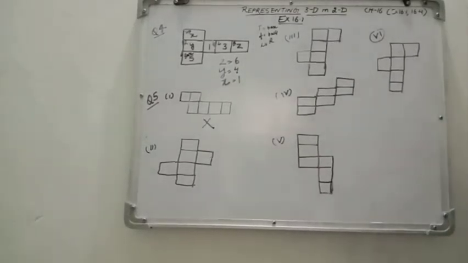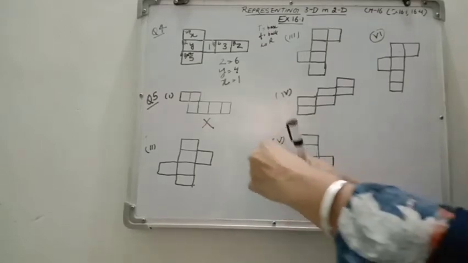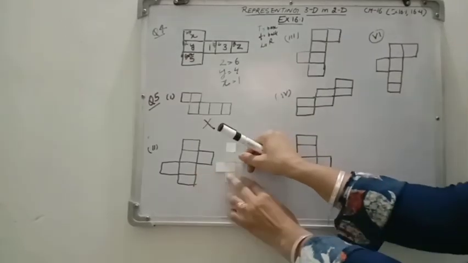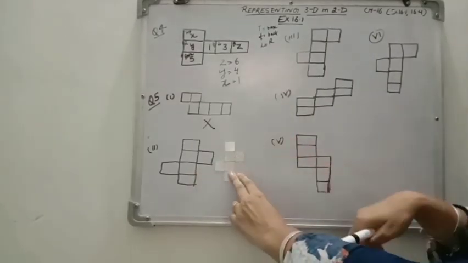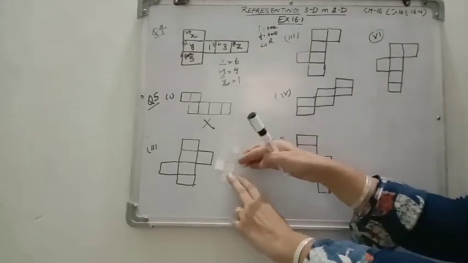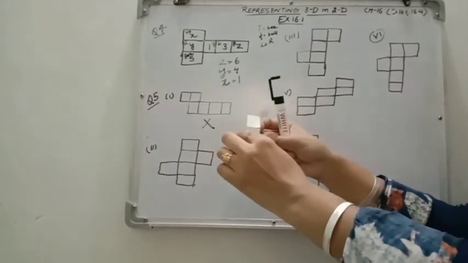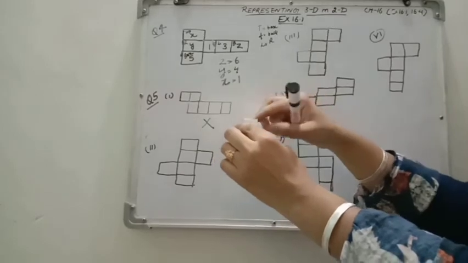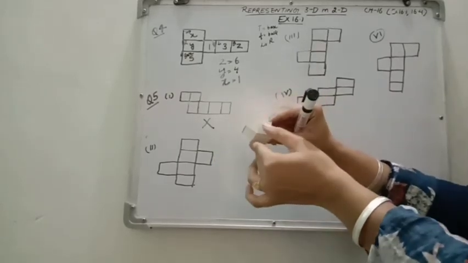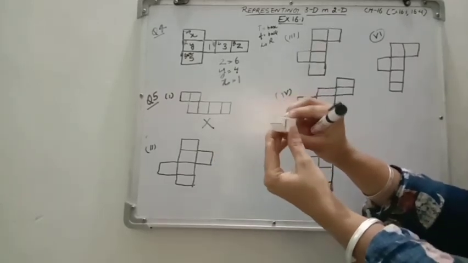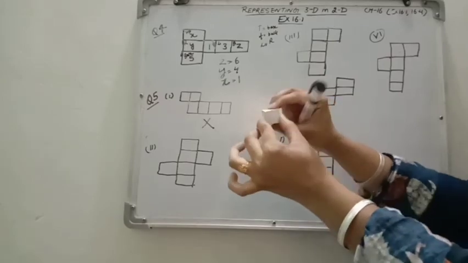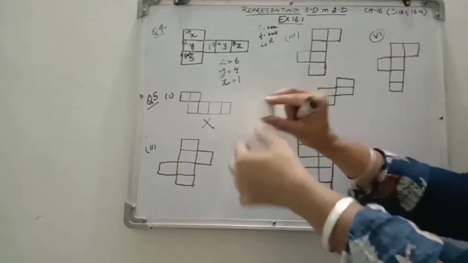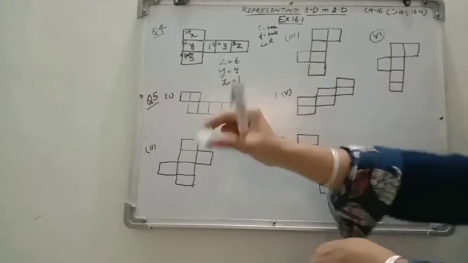So next question, second part. This type of net is given to you. Okay. Now fold it. Let's see if it becomes a cube or not. Front, top, right, base, back, and so you can see it becomes a cube.